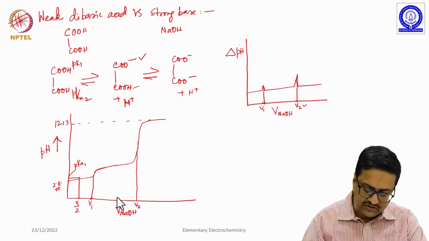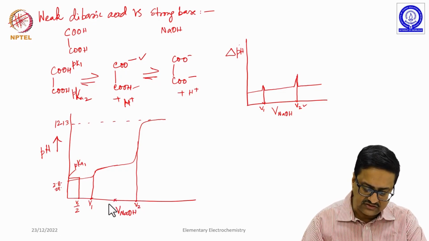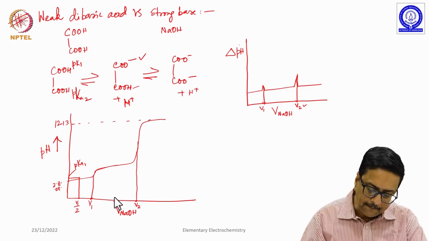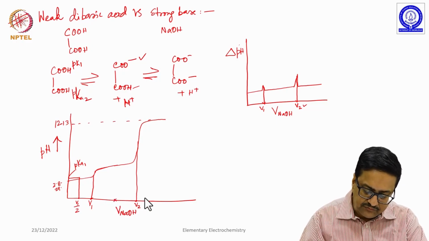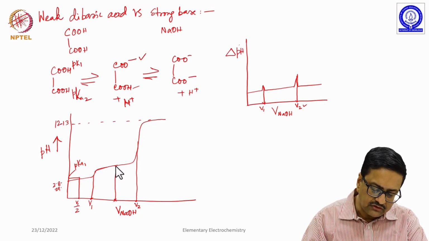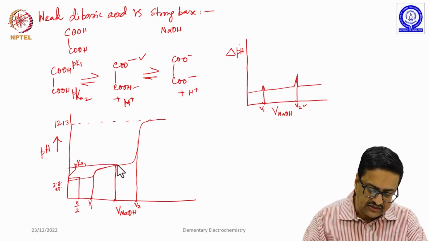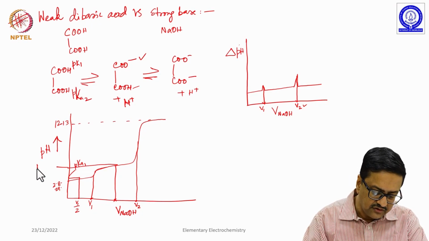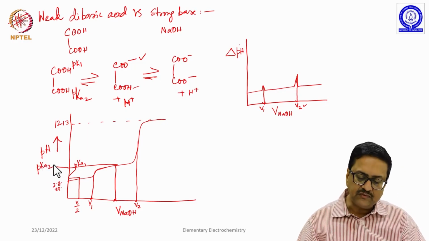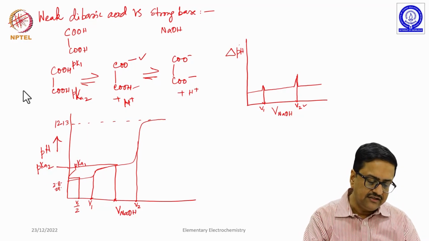The middle point between V1 and V2 is somewhere here, basically V2 minus V1 by 2. The corresponding pH that we get is the pKa2.